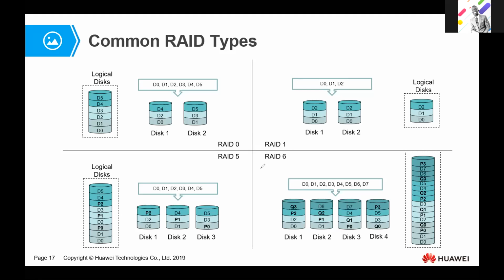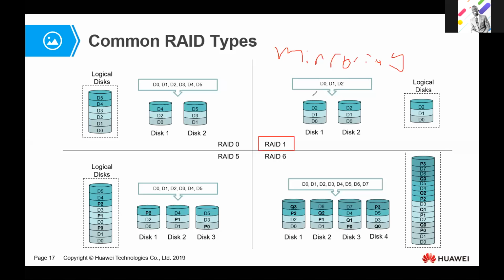Let us also look at RAID 1. RAID 1 sometimes is also referred to as mirroring. You know what a mirror does? It is designed to maximize the availability and repairability of user data.